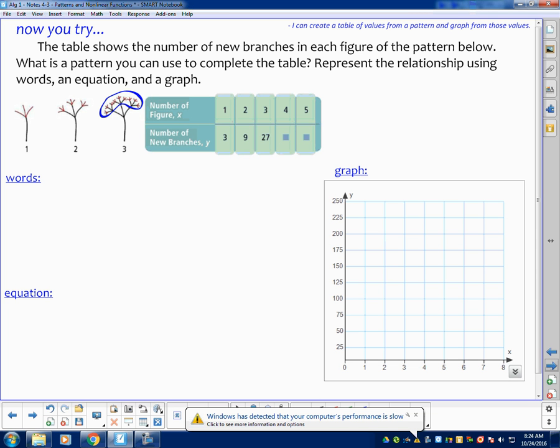So going this direction at least, we go 3 times 3 is 9, 9 times 3 is 27, 27 times 3 is 81, 81 times 3 is 243. We call that a horizontal pattern in this case. But going from one of these to the next, we're multiplying by 3.